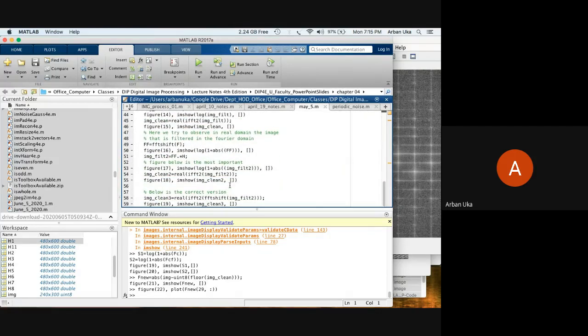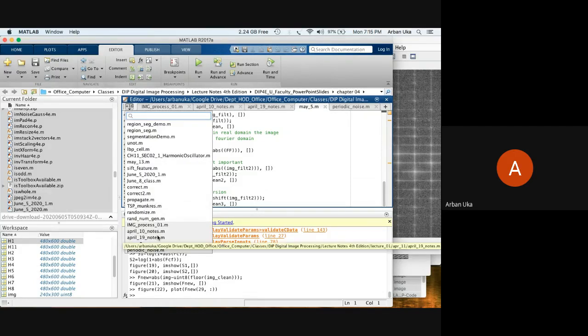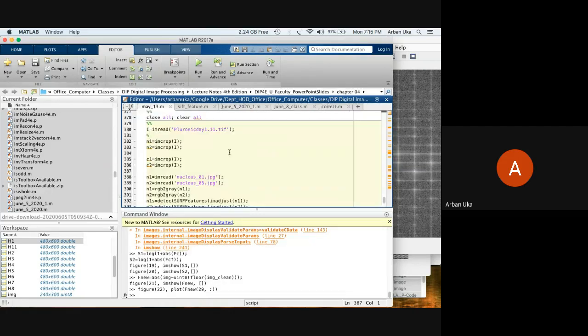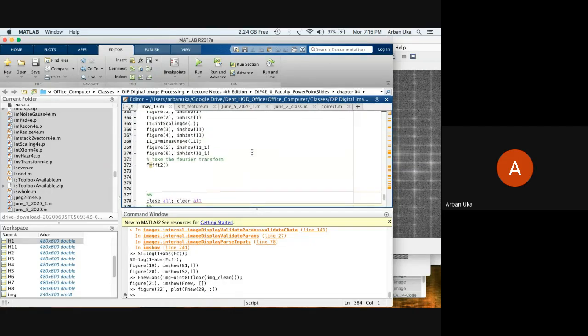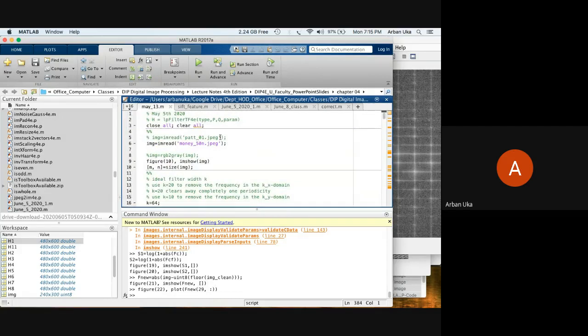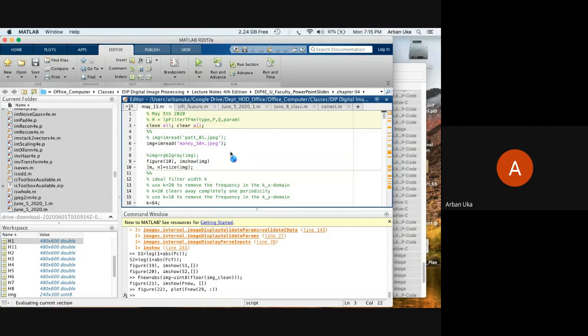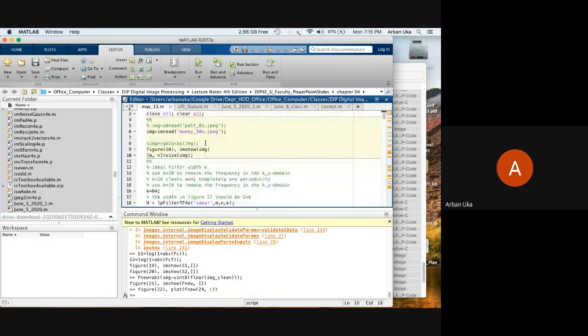This is very similar to the other example we just did. So let's close all the figures we had so far. Apparently, we have another one.